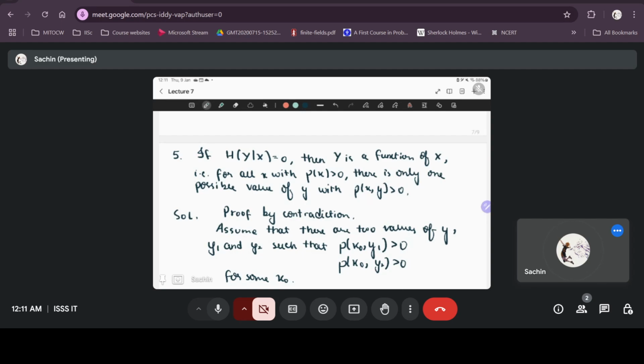So it's just not possible for p of x to be equal to 0 and p of x y to be greater than 0 for some value of y. So if p of x0 is equal to 0 for some value of x, then p of x0 comma y is also equal to 0 for all values of y.